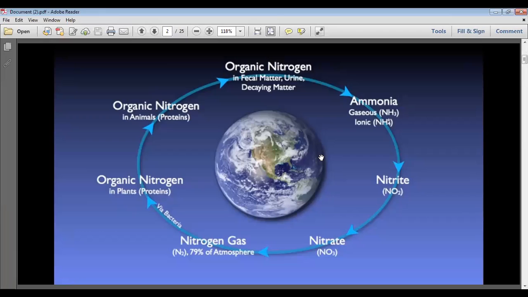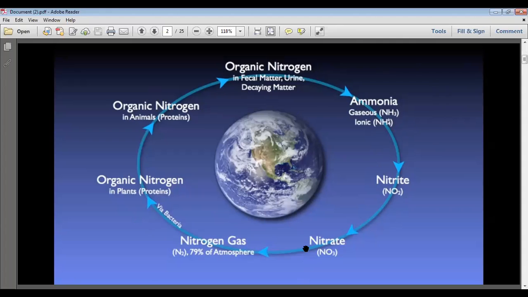So I told yesterday how nitrogen exists in this environment. All forms I told yesterday. It exists in gaseous and ionic form, as ammonia, and when it oxidizes, it turns to nitrite, and with further oxidation, it converts into nitrate.